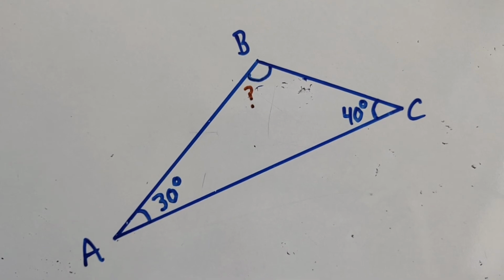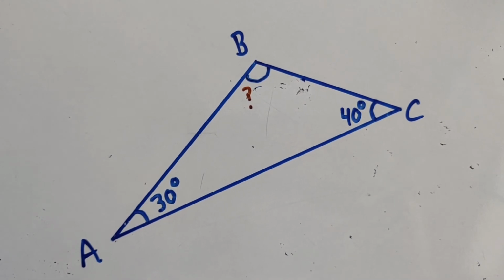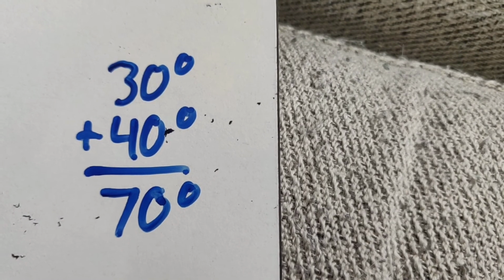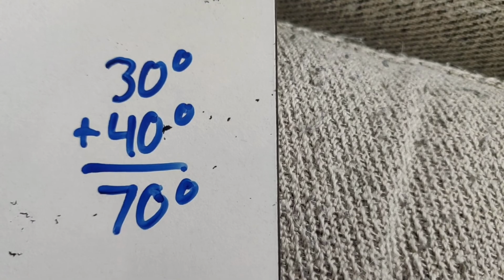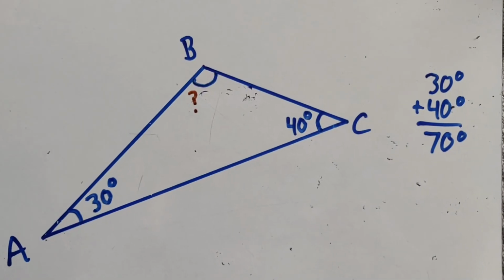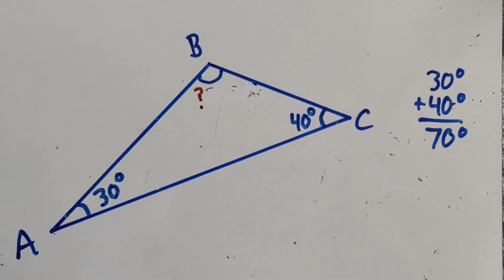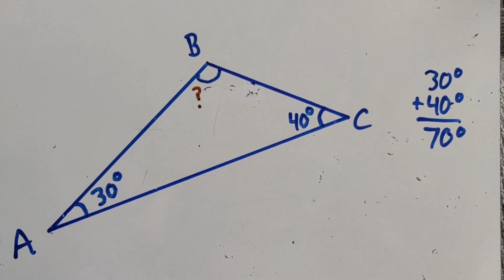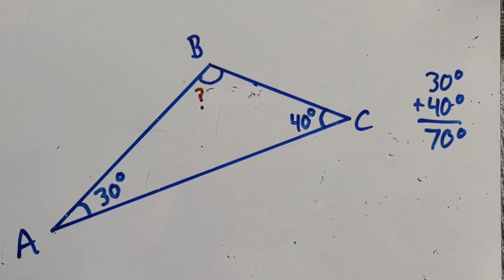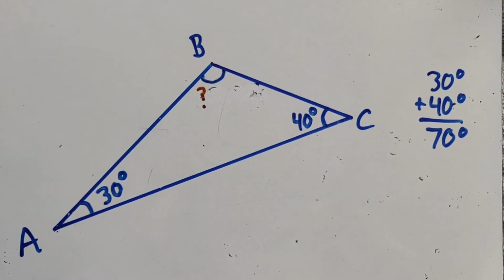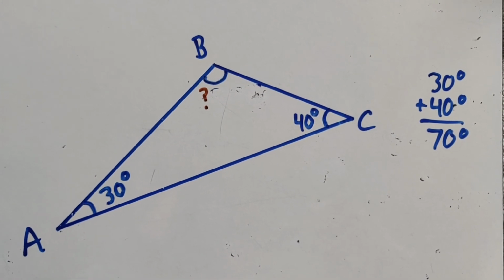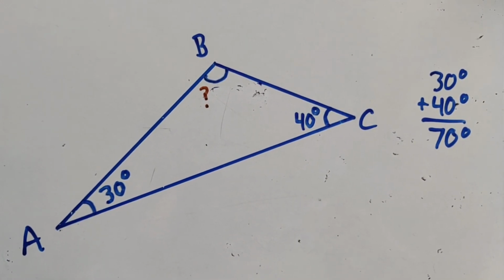And we're given the value of two angles, 30 degrees plus 40 degrees, which adds up to 70 degrees. And since all three angles need to add up to 180 degrees, if we subtract that 70 degrees from 180 degrees, we'll get the measurement of the missing angle.